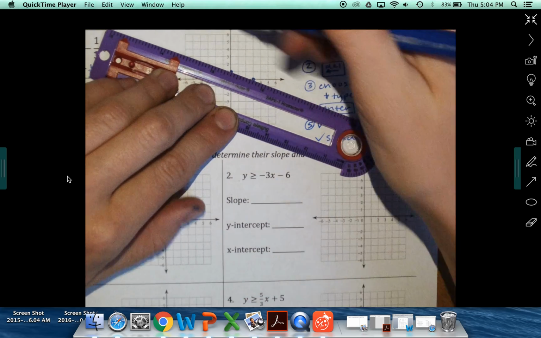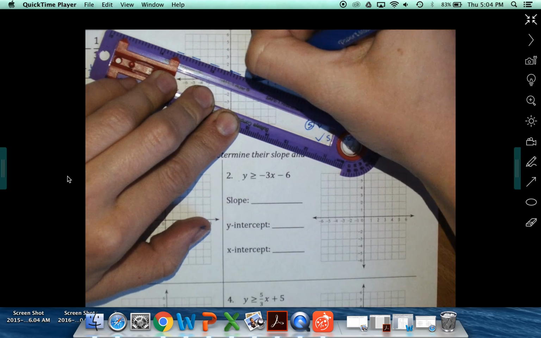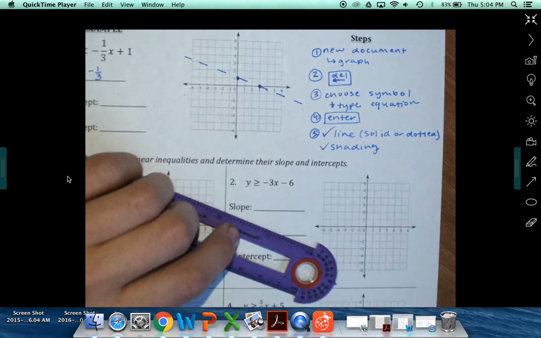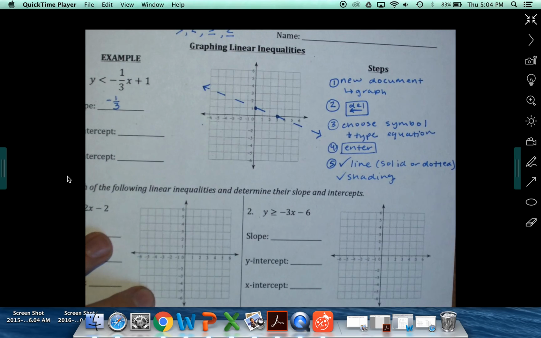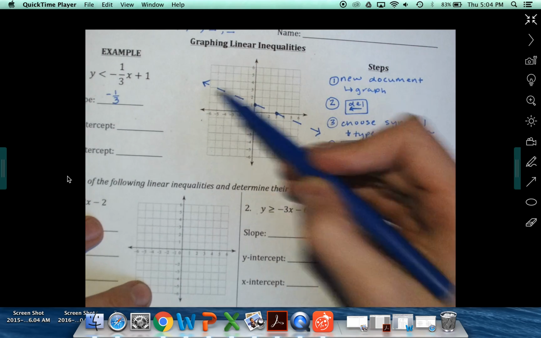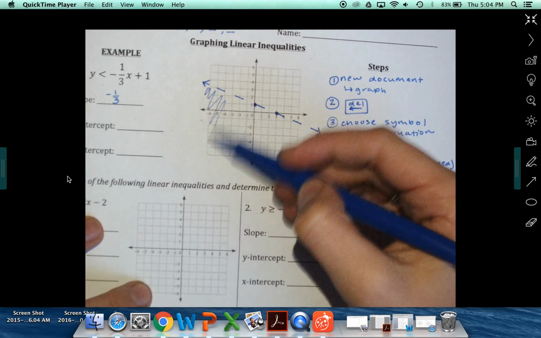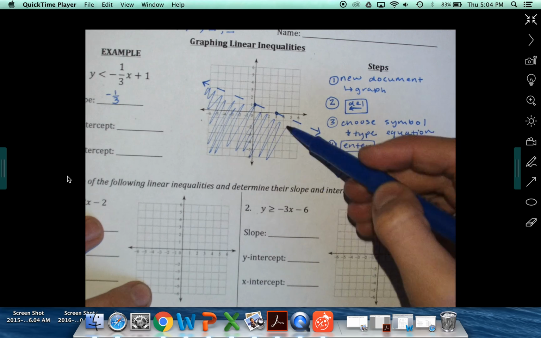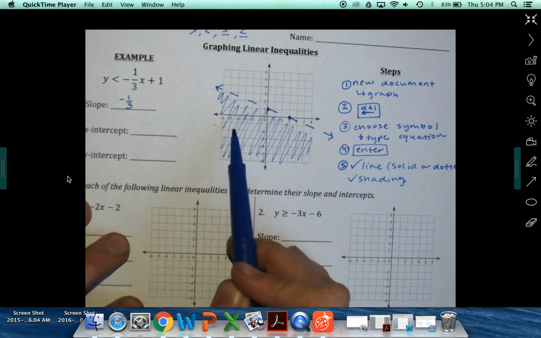Remember that line is dotted. So I've got my dotted line. I was careful about that. And my shading, if you remember, was on the bottom.